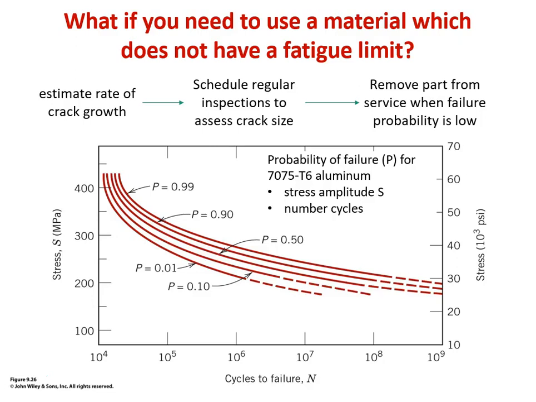So we will have to be watching these cracks all the time, because given that the material doesn't have a fatigue limit, we know they're growing all the time. So we will estimate the rate of crack growth, we will schedule regular inspections to assess the crack size, and then we will remove the part from service when the failure probability is low or at some point well before we have encroached on the safety factor for our K1C.